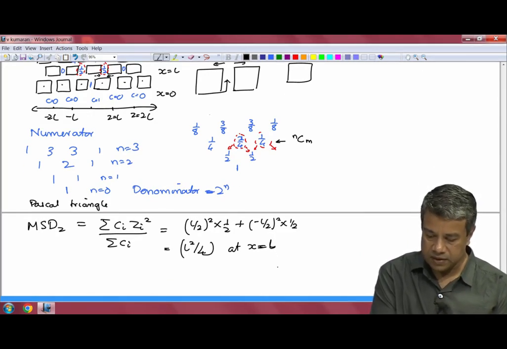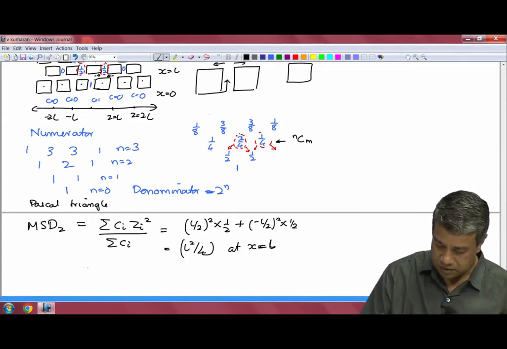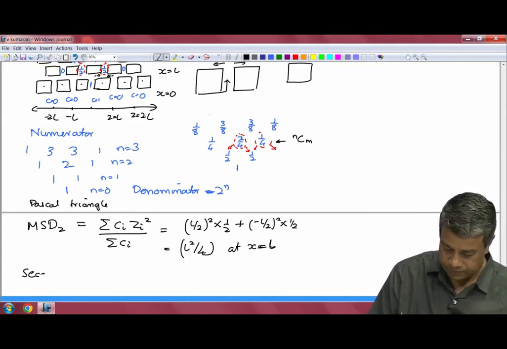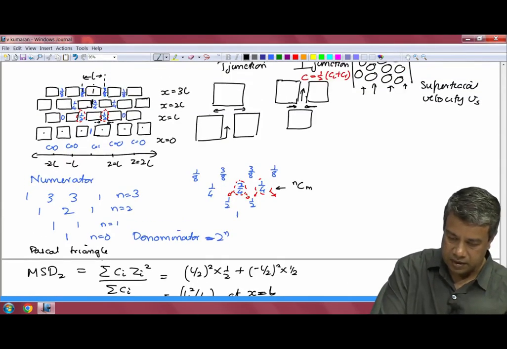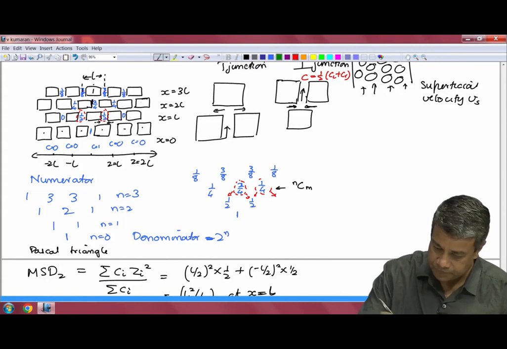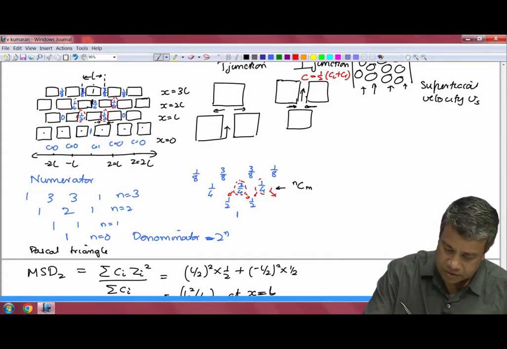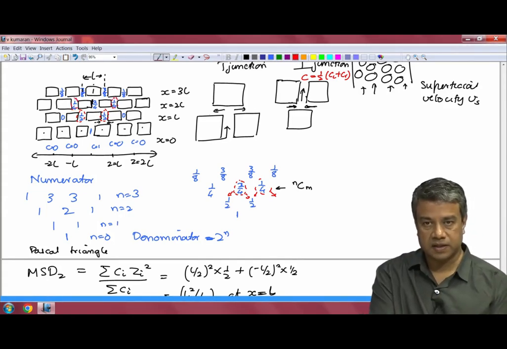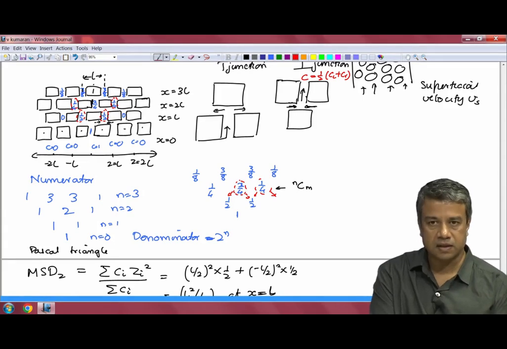You can calculate it for the second row. For these two, z is equal to plus or minus L, and for the center z is equal to 0.